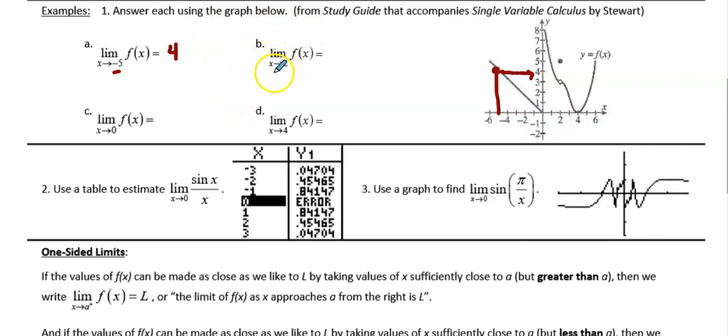If we look at the limit as x approaches 2 of f of x, we're going to do the same thing. We're going to go up here from 2. We'll talk about this a little bit later on. It does not matter right now that this is an open circle and the dot's up there. We're really just looking at the behavior of the graph and what's around that point, not what's happening exactly at that point.